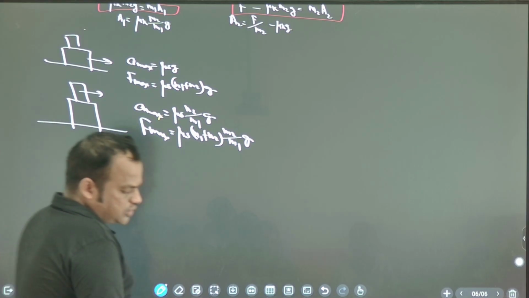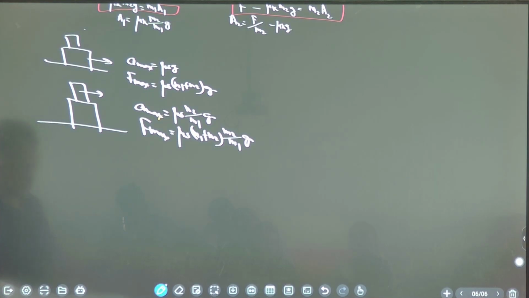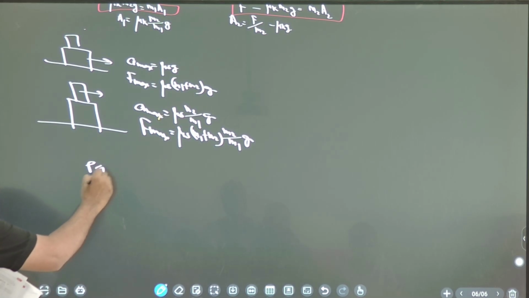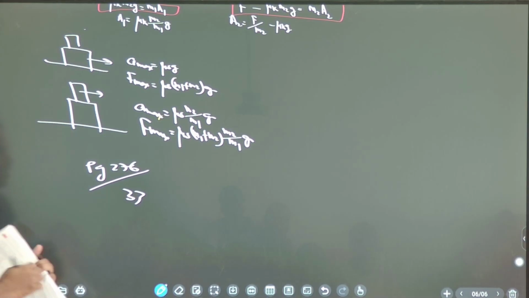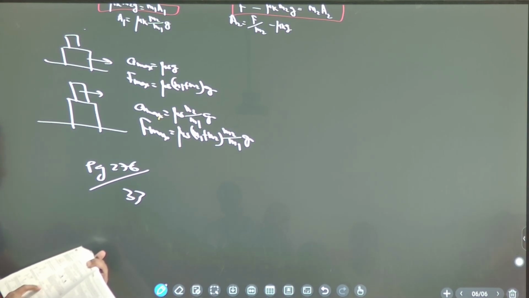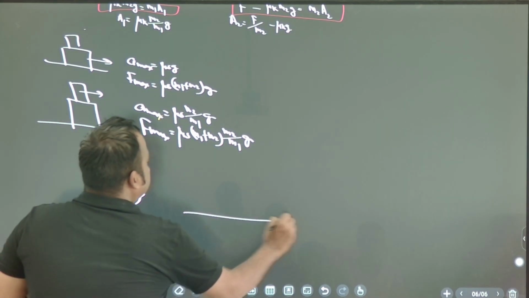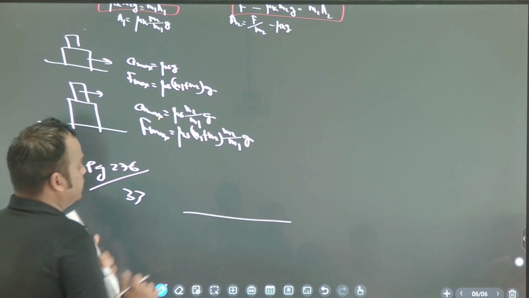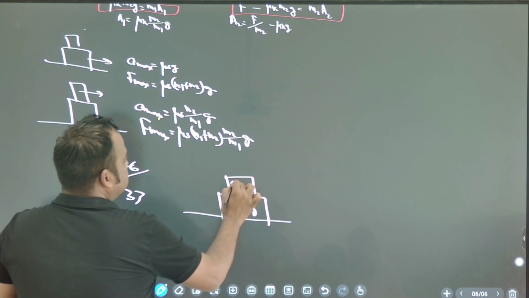Now come to that question, page 276, question 33. What is given? A 4 kg block A is kept on an 8 kg block B. This is 8 kg, this is 4 kg.